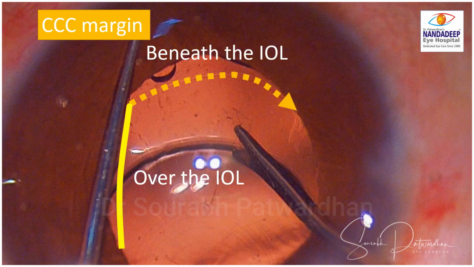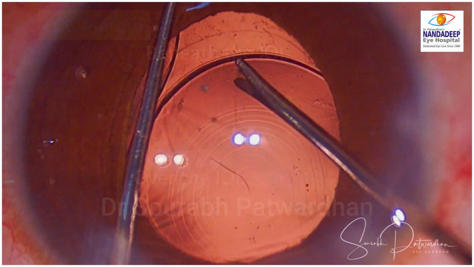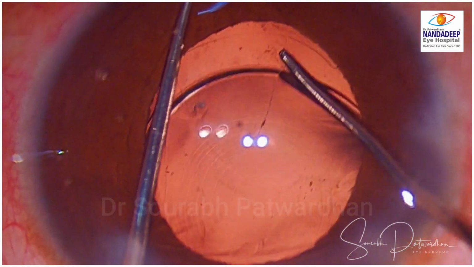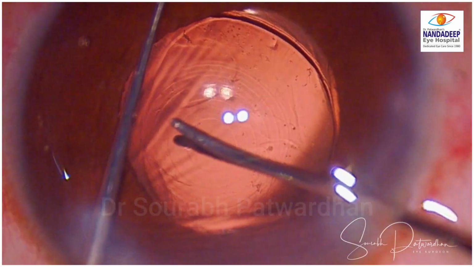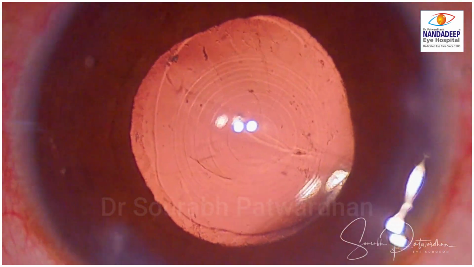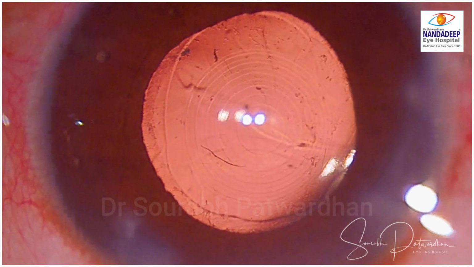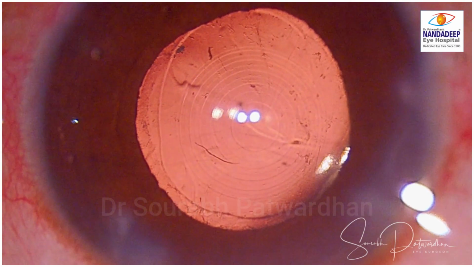This is the sign that one of the haptics is outside the bag and I have to push it in. Sometimes your CCC is not round and it's irregular, and that creates more confusion. Now this is the way to push that haptic into the bag, and now you can see that the CCC margin is round and it is over the IOL 360 degrees.